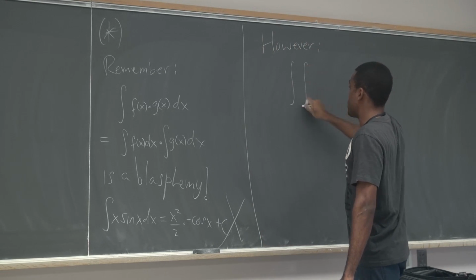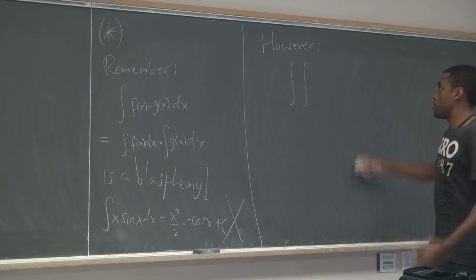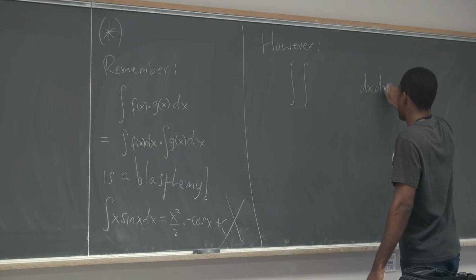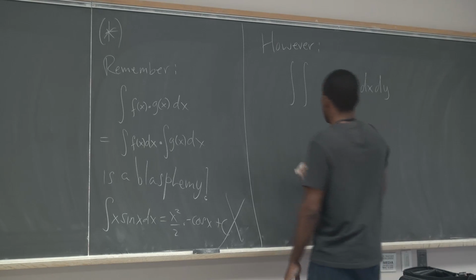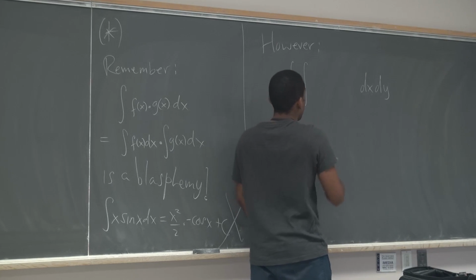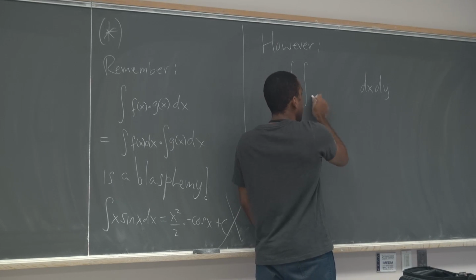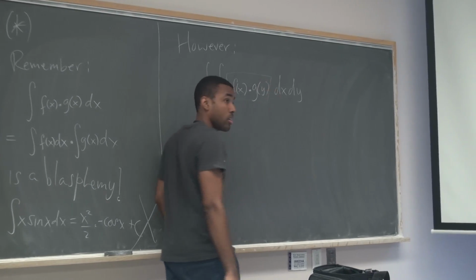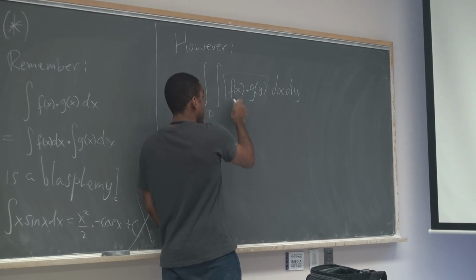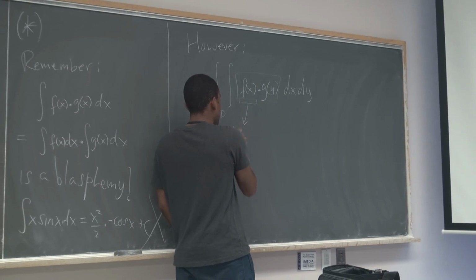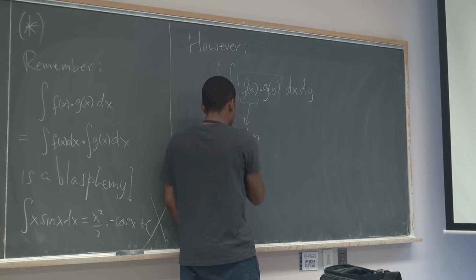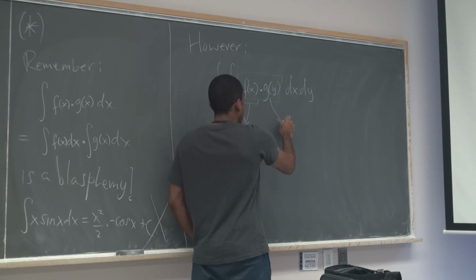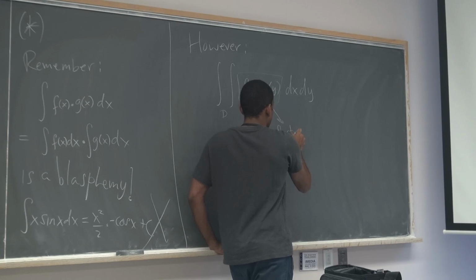let's say you have a double integral, and it's something like dx dy. You can do dy instead of dx. Is that right? So let's say the function I'm integrating looks like this. It is a function of x times a function of y. Notice that this is a function purely of x, this is a function purely of y.